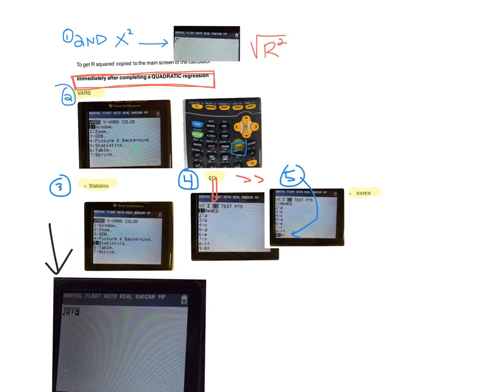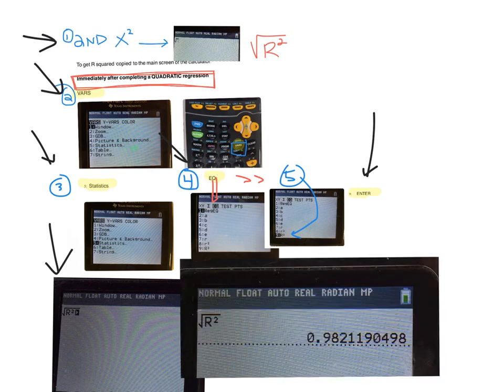And if you follow those steps in that order, second and then x squared for the square root, pressing the vars button, going down to option 5 for statistics, moving the cursor twice to the right for equation, and then going to option 9 for R squared, when you have this on your calculator, press enter. Your calculator gives you R, which is the correlation coefficient of the quadratic regression.